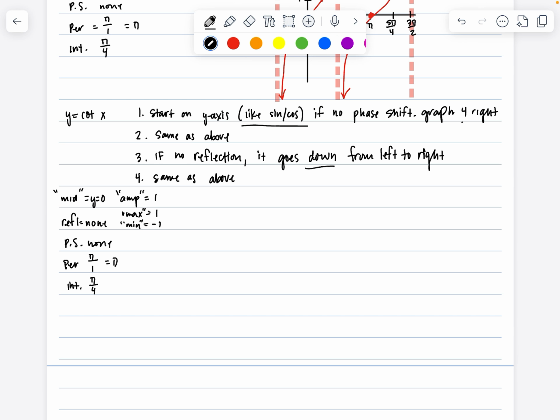So just like sine and cosine, I'm going to graph the y-axis first and then draw some points to the right. It is predominantly going to be to the right. I'm going to draw my y-axis as 1 and -1. I'm going to draw 4 points to the right, just like we do with sine or a cosine wave. And we're using the interval of pi over 4. So this is pi over 4, pi over 2, 3 pi over 4, and then pi.